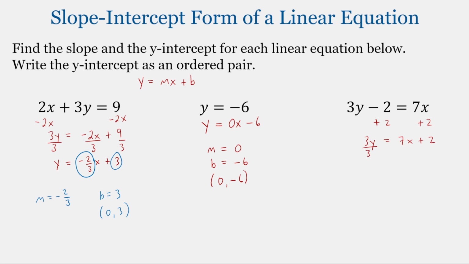And then dividing by 3, we end up with y equal to 7/3 x plus 2/3. So in this case, the coefficient in front of x, our m value, our slope, is 7/3. And b, that y-intercept, is equal to 2/3. Writing that as an ordered pair, we have (0, 2/3).